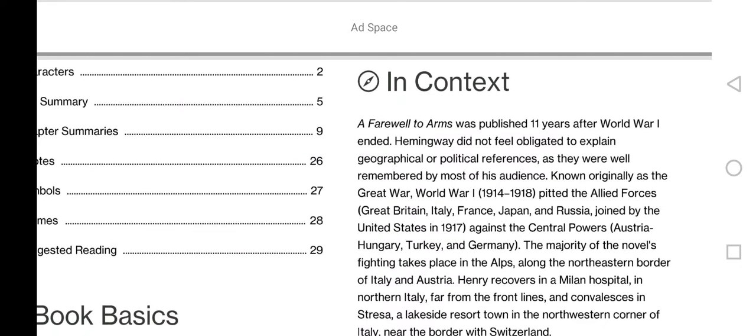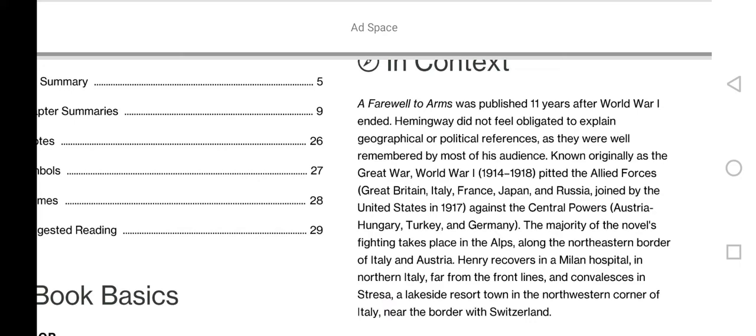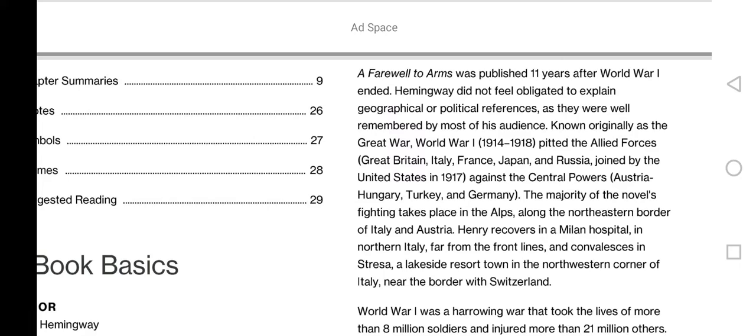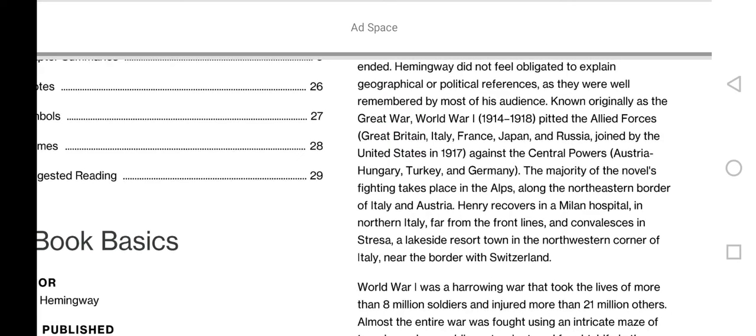In context, A Farewell to Arms was published 11 years after World War I ended. Hemingway did not feel obligated to explain geographical or political references, as they were well remembered by most of his audience.